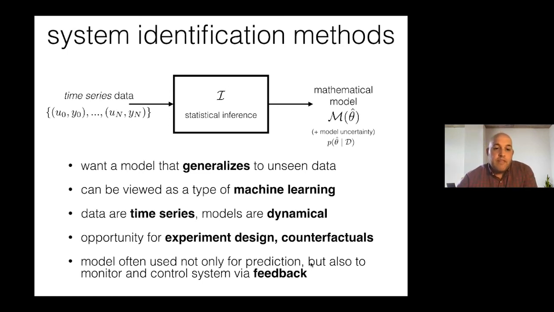And then in the field that I'm in, which is in control systems and control theory, we might not just want to use the model for making predictions or for explaining some phenomena, but another common use of these types of models is that we can use them to design monitors and controllers that can control the system using feedback control.